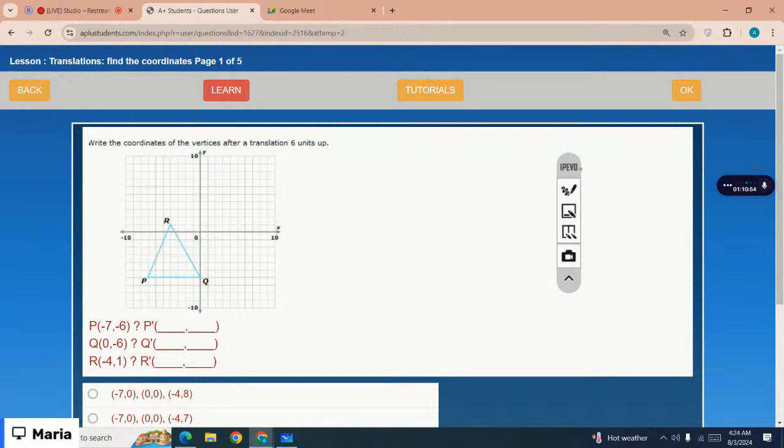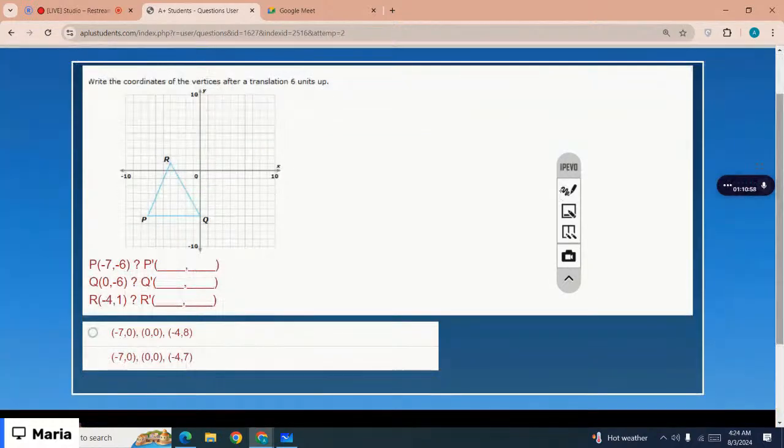That is option number 2 is the correct option.